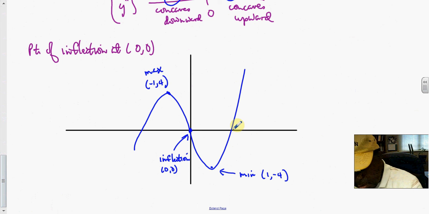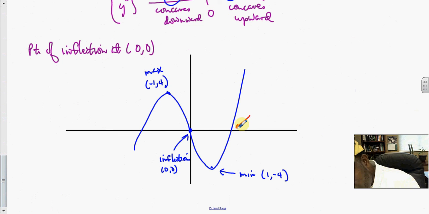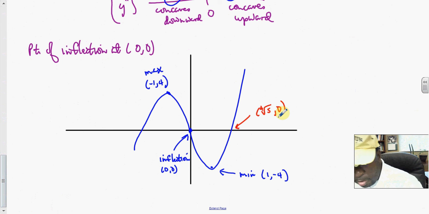Oh, what about these guys here? This guy right here was the 4th root of 5, 0, the x-intercepts.